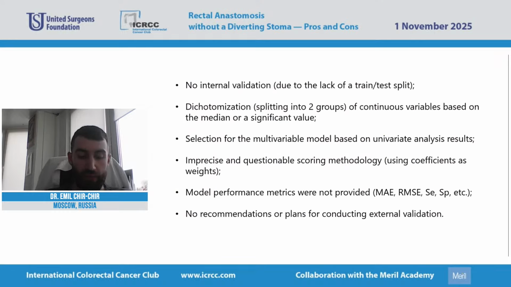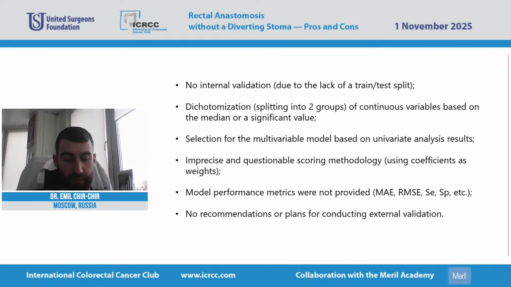However, it might be written beautifully and be visually pleasing, but one must read the primary sources and assess how correctly everything was done. Our team reviewed their primary source, and we had quite a few questions and comments.